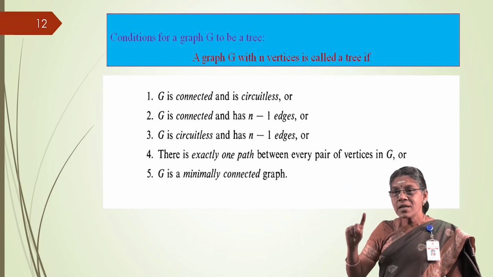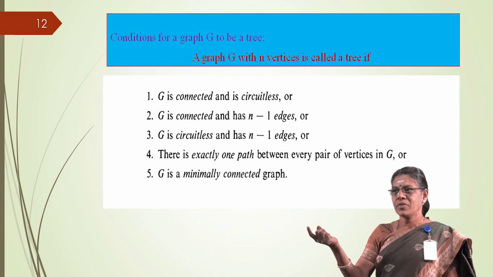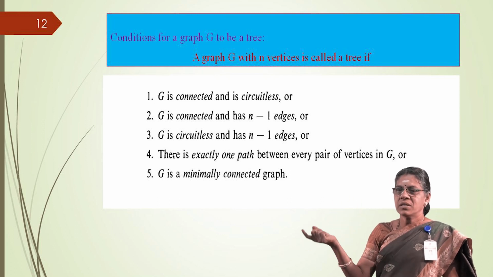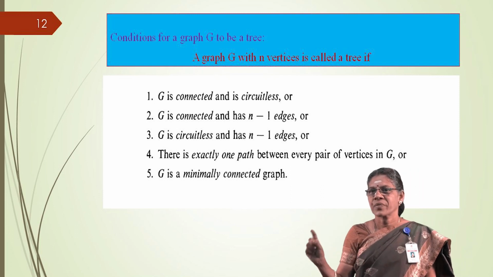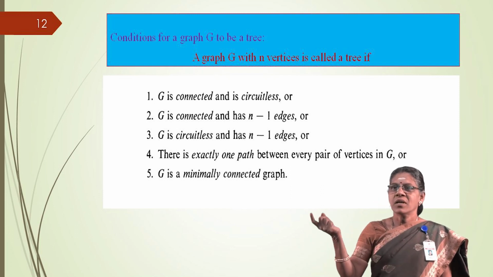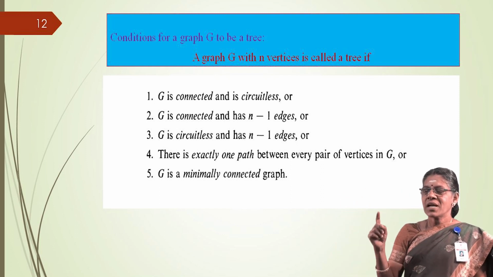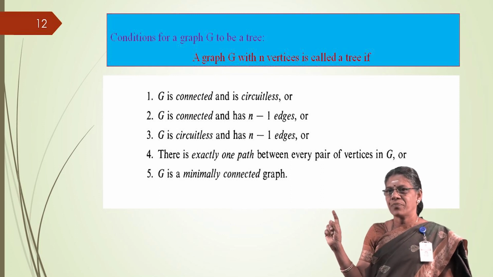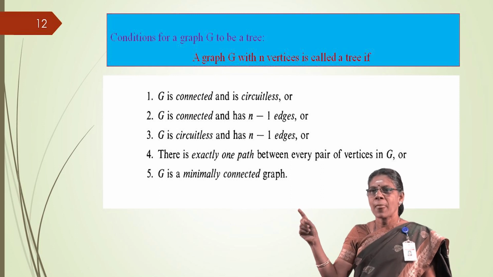Next, G is connected and has n minus 1 edges. Otherwise, G is circuitless and has n minus 1 edges. Fourth, there is exactly one path between every pair of vertices in G.